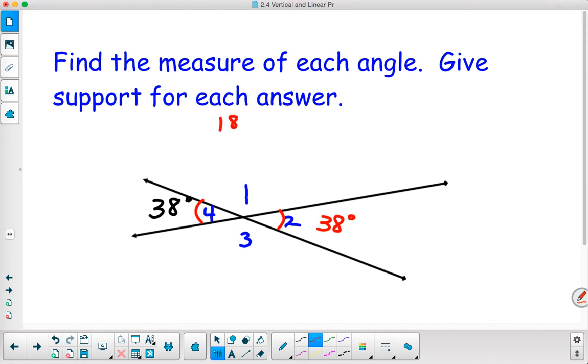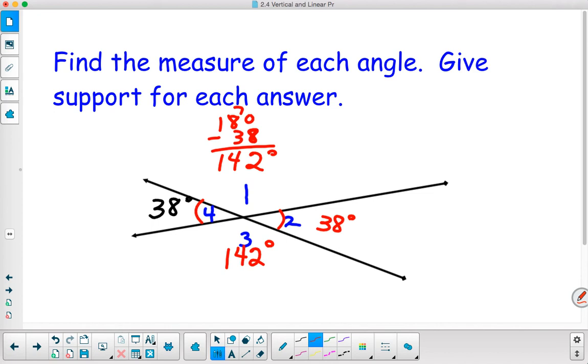So for angle 1, they had to be supplements. So 180 minus 38, 142. Angle 1 is 142 degrees. And then if I know that one, I can do its vertical angle, angle 3, is also 142 degrees.